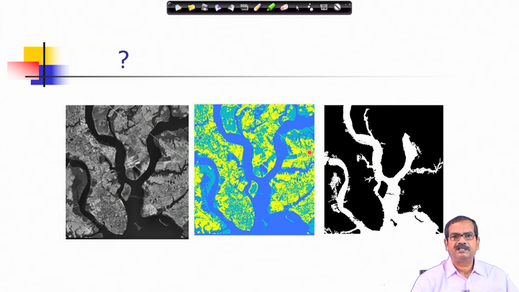One of the interesting questions that I can ask you from these results itself: you should observe these results carefully. You can find that in the original image there is a river channel, and in the largest segment you can also get the corresponding pixels of the river channel, but part of the river channel is missing in this segment.